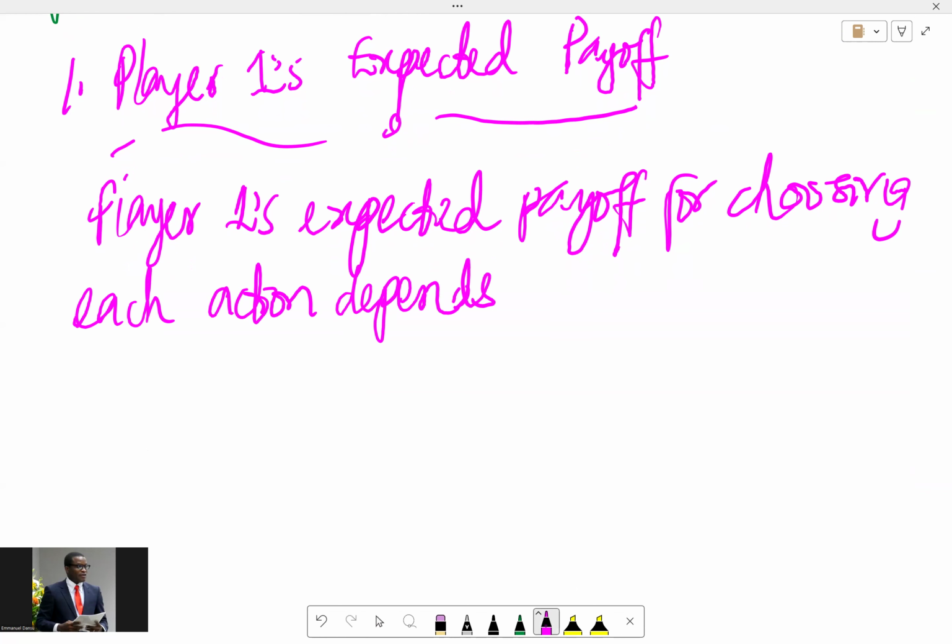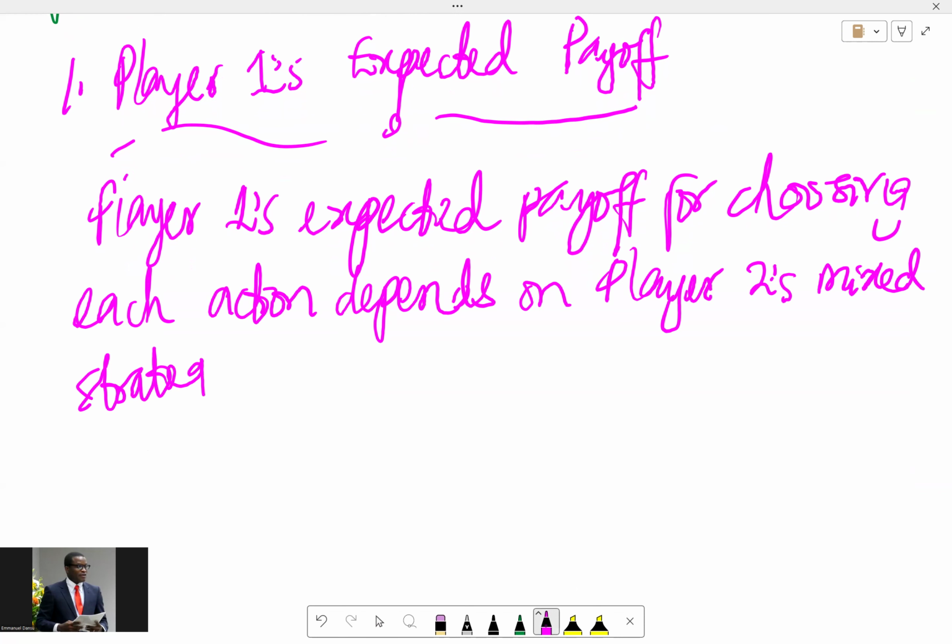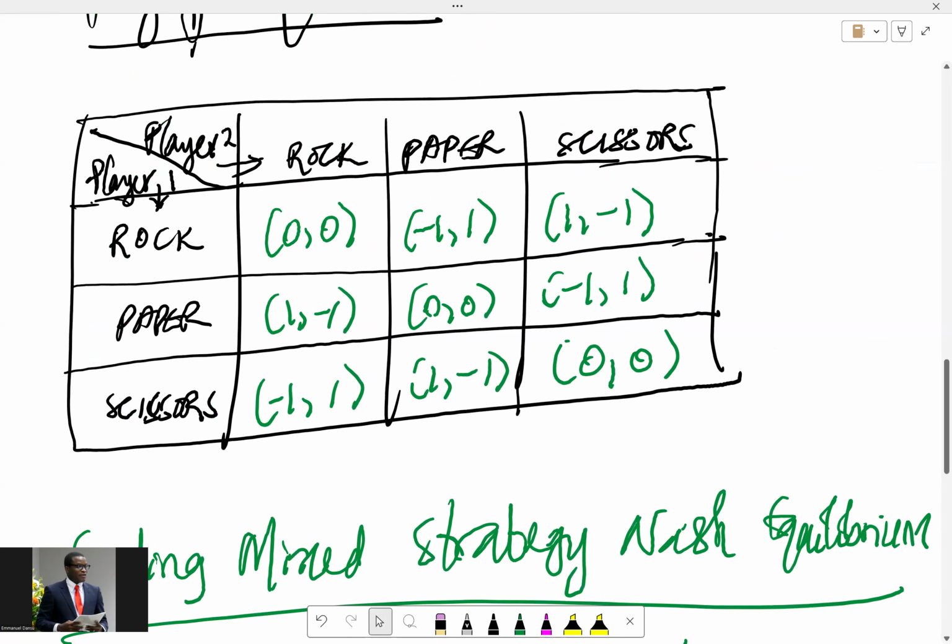So player one's expected payoff for choosing each action depends on player two's mixed strategy. Okay. So now, as you can see, all these ones are for player two.